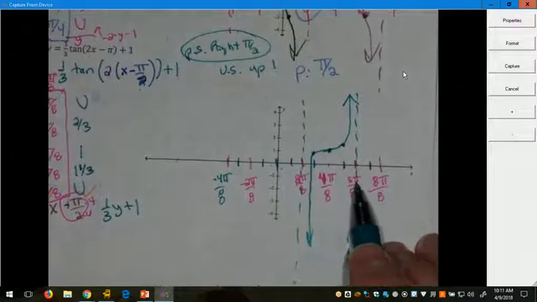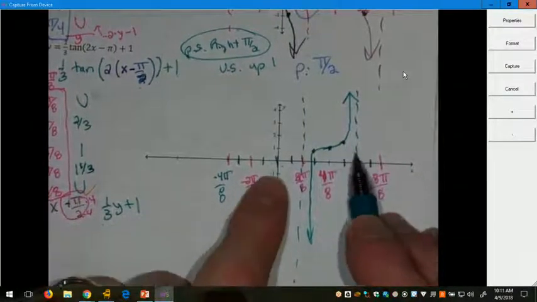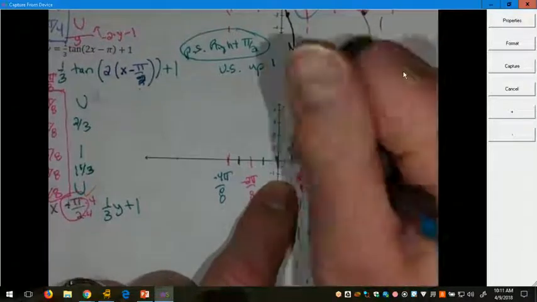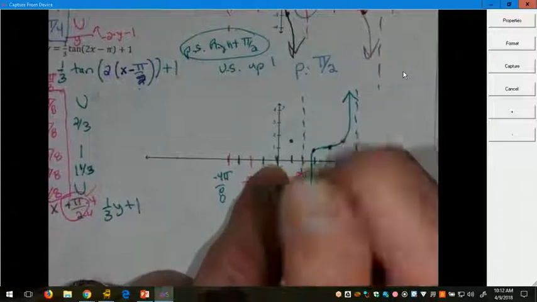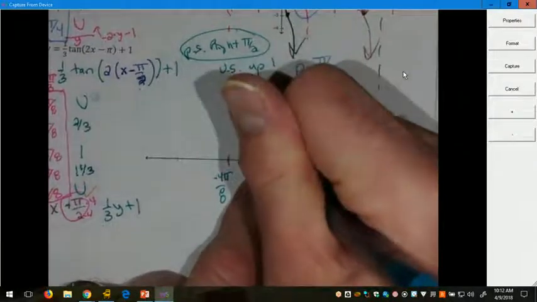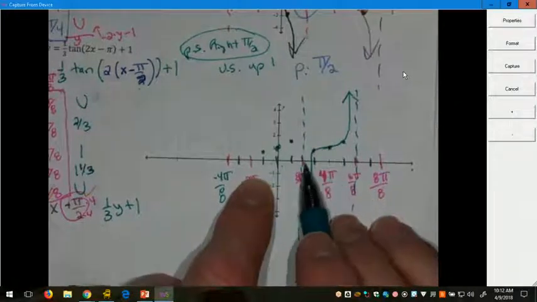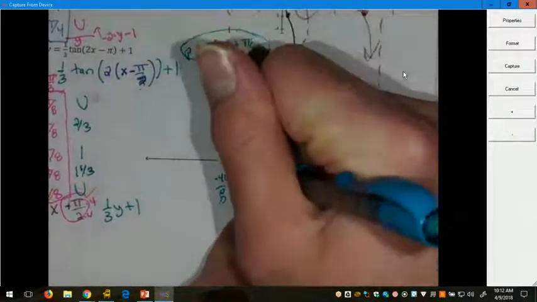From this vertical asymptote going left, I'm supposed to start at the value of 1 1/3 at the next tick mark over, as long as they're evenly spaced. So 1 1/3 here, then go down to 1 at the next tick mark, then go down to 2/3 at the next tick mark, and then the next tick mark is the next vertical asymptote.